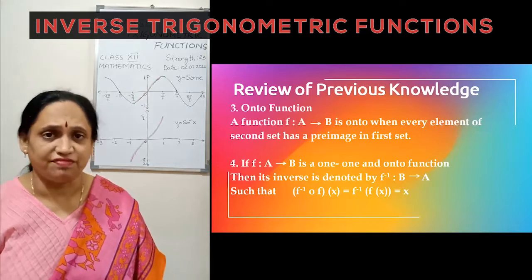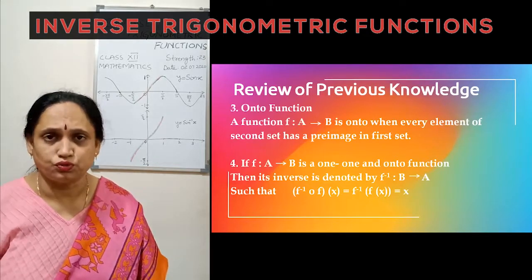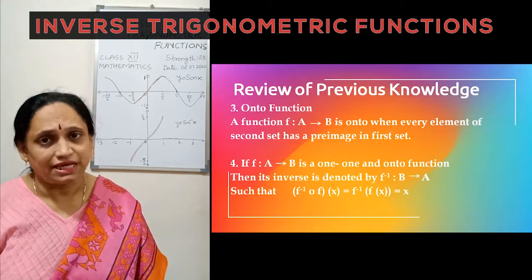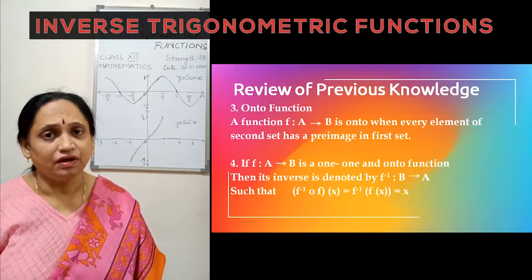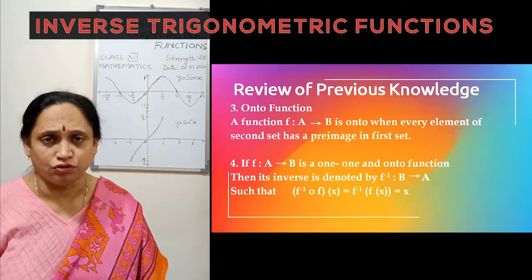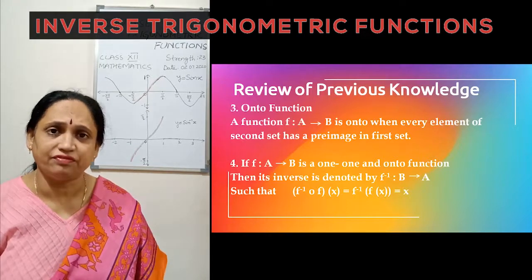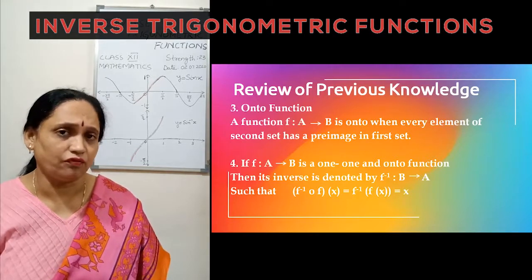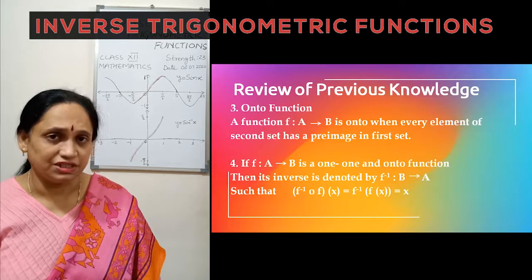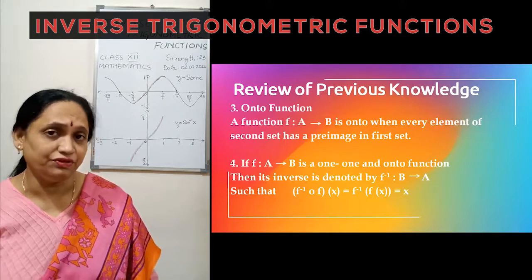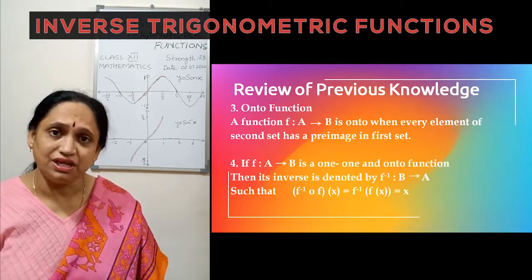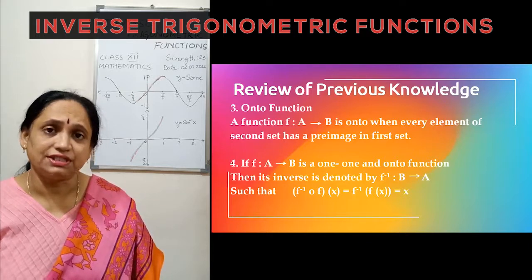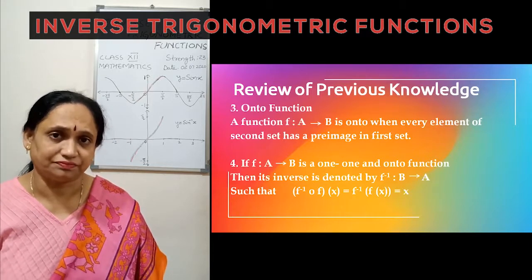Now, once we know a function is 1-1 and onto, what can we say about its inverse? A function which is 1-1 and onto both together, that means every distinct element of the first set has a distinct image, and every element of the second set has a pre-image. Such functions are invertible.